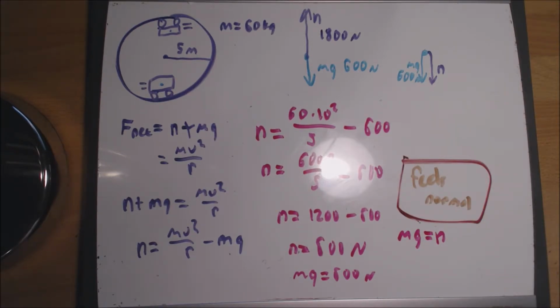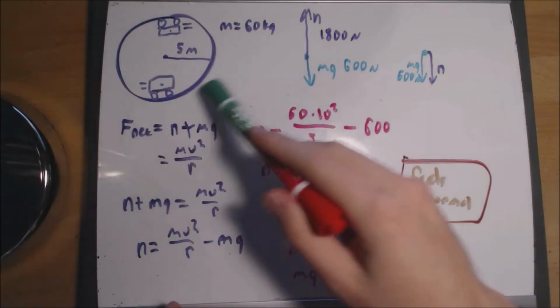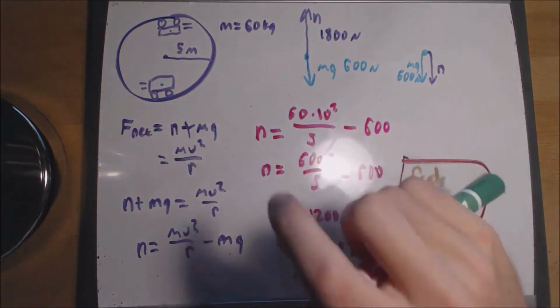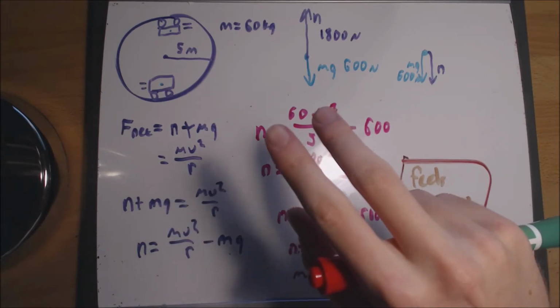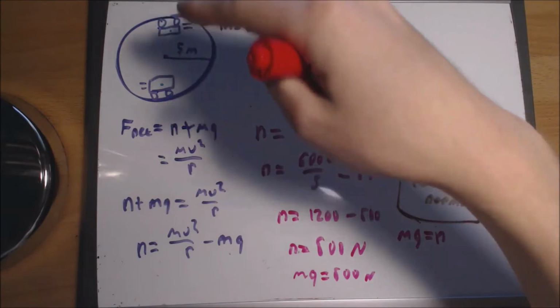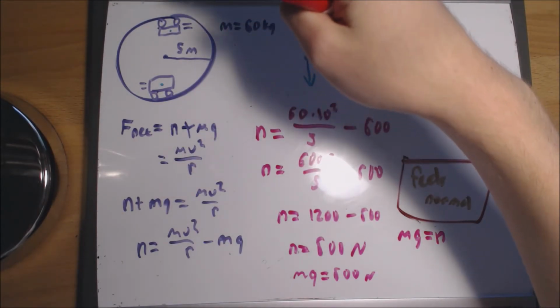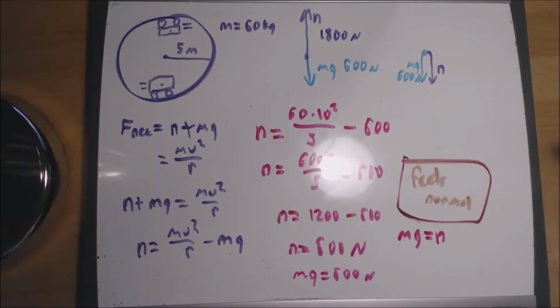Next thing we want to do is, they ask us, at the minimum speed the driver could go and just stay on the circle, how does he feel? And so we know at the minimum speed that he can go around this thing, our N is just barely going to be 0, because he's still touching, but he's not touching hard enough for the surface to actually push back on him.